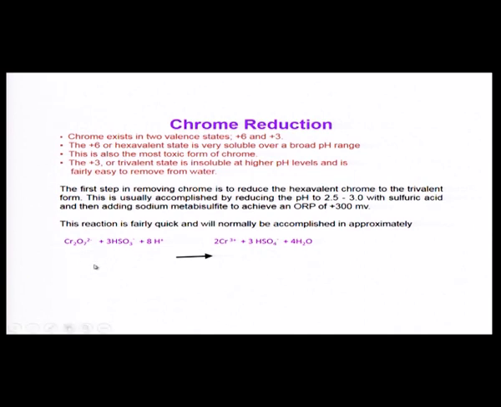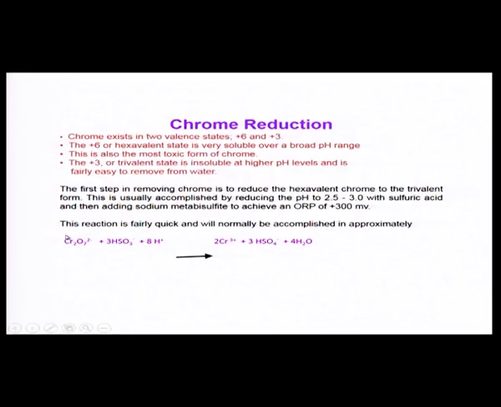Here, we all know potassium dichromate is a powerful oxidizing agent. So, it will react with the reducing agent sodium metabisulfite in a slightly acidic condition and get reduced to trivalent chromium. At the same time, the sulphite will be oxidized to sulphate under this condition. So, this is the reaction actually involved.